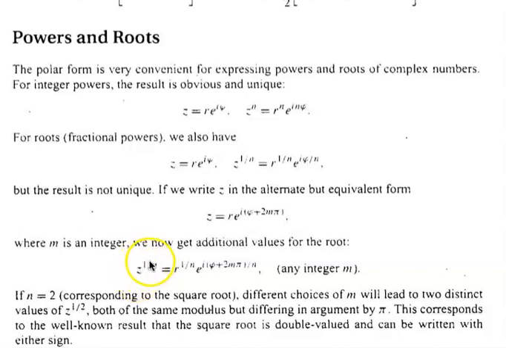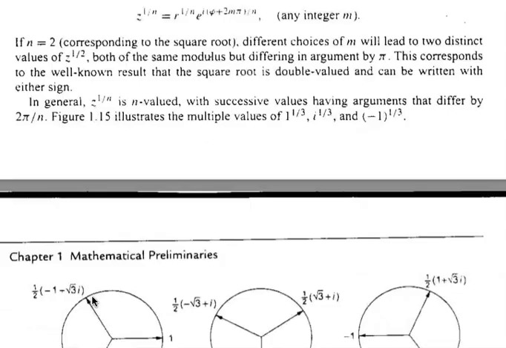And most generally, the nth root of a complex number z, written in the polar form, is r to the 1 over n, e to the i, the quantity theta plus 2m pi over n. And you read through here and it'll tell you that m must be an integer. Also n is an integer as well in most cases.